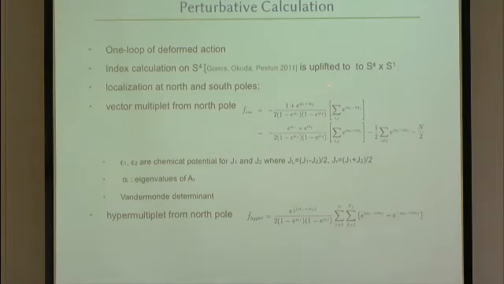Again, this perturbative correction is also localized at the north and south pole, and there are two contributions, vector multiplet contributions and hypermultiplet contributions, at each of the north pole and south pole. And an interesting thing is that the vector multiplet contribution also has a term related to the Vandermonde determinant.